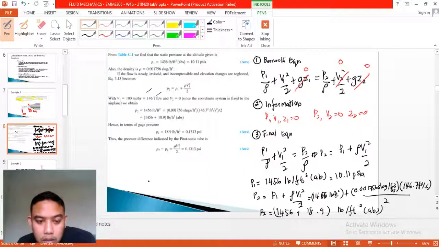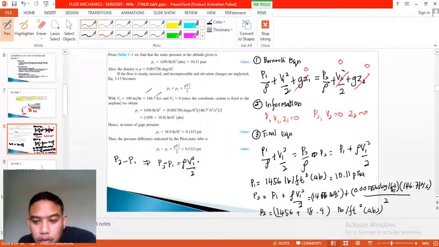So the third one is to find the difference in pressure, which is P2 minus P1. Based on this equation, if P2 minus P1, we will get rho V squared times 1 over 2.